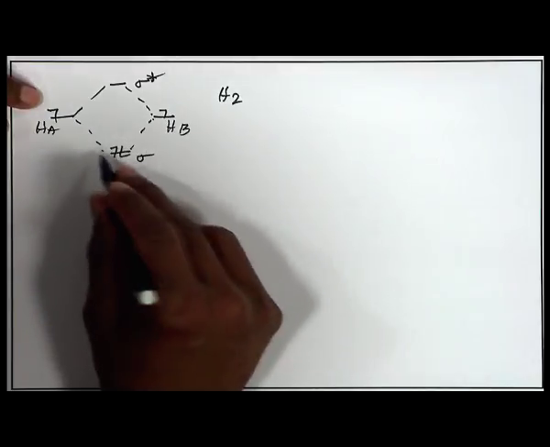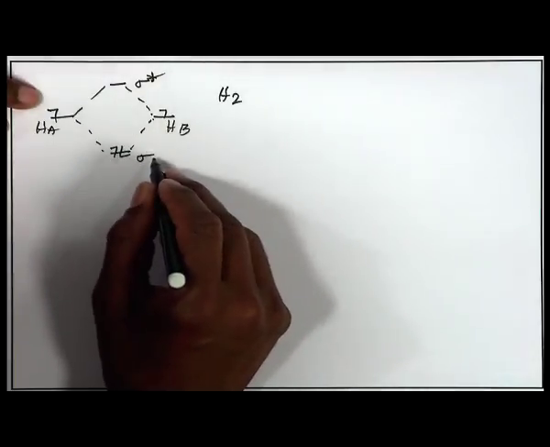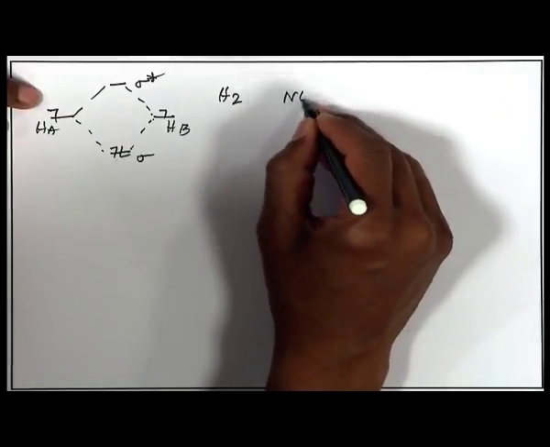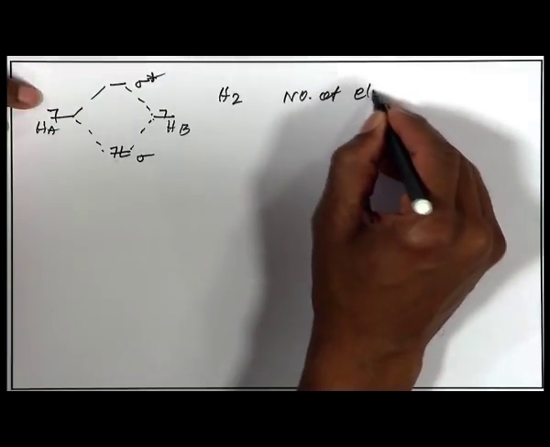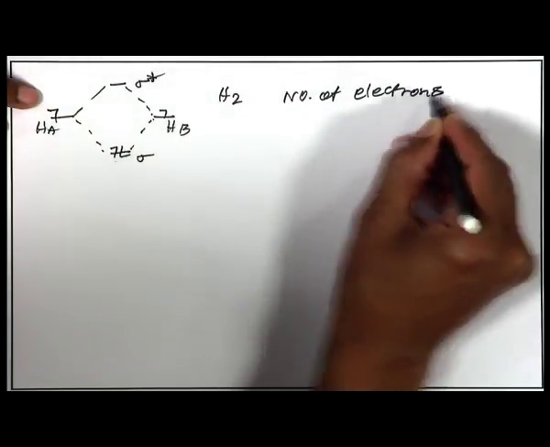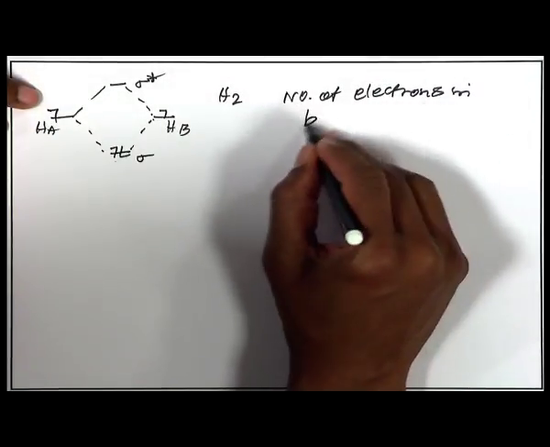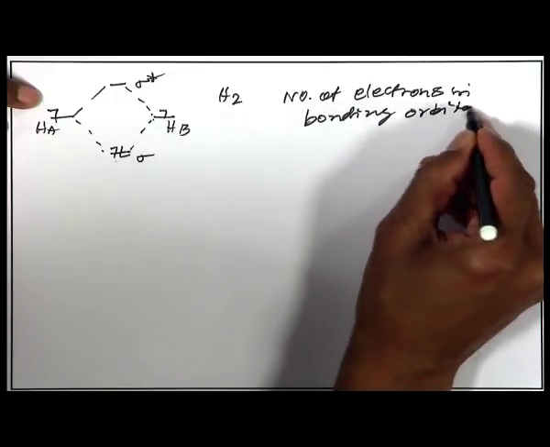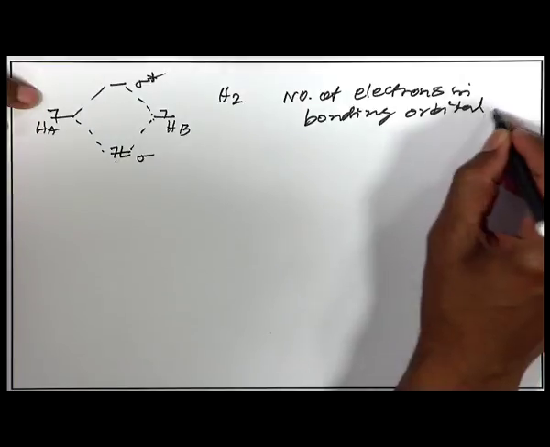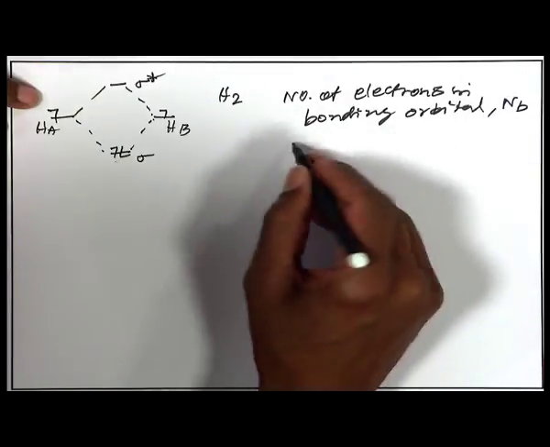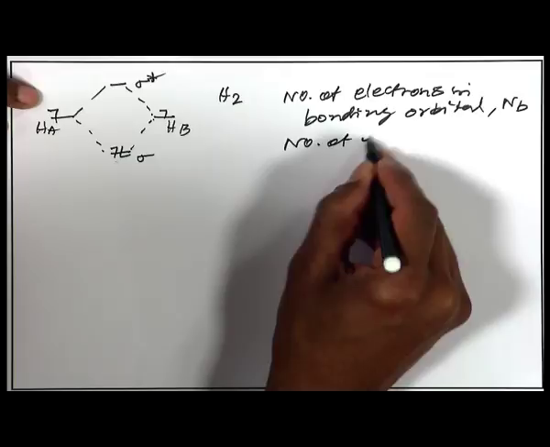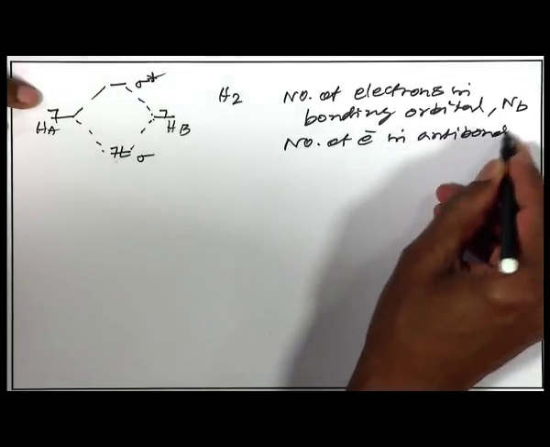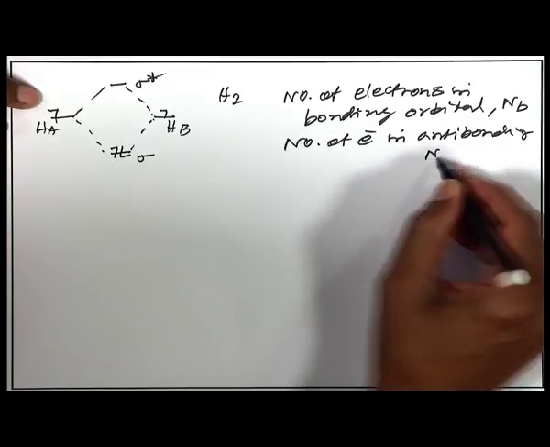If you consider these as bonding electrons, the number of electrons in the bonding orbital is taken as NB. Similarly, the number of electrons in the antibonding orbital is taken as NA.